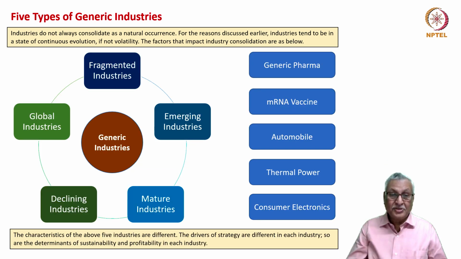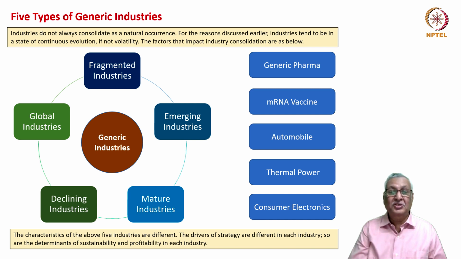We can conceive of 5 types of generic industries. These are fragmented industries, emerging industries, mature industries, declining industries, and global industries. Industries of this nature do not occur by providence or by natural development.